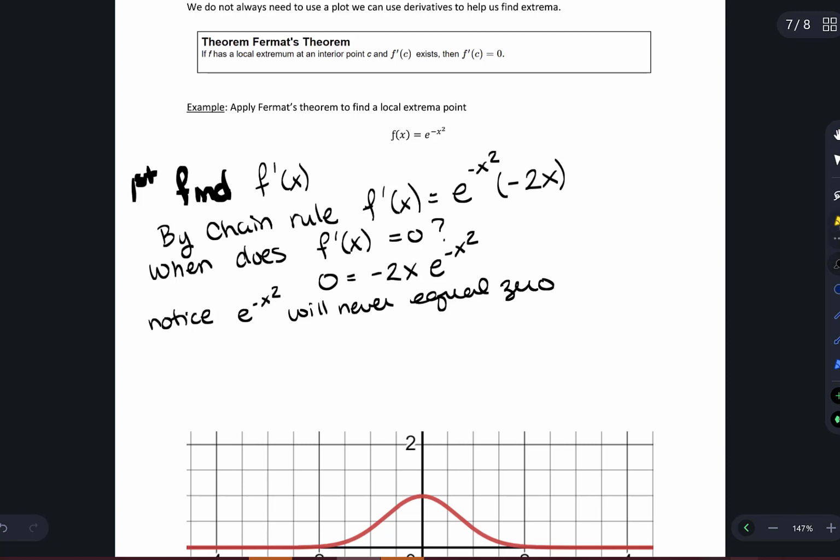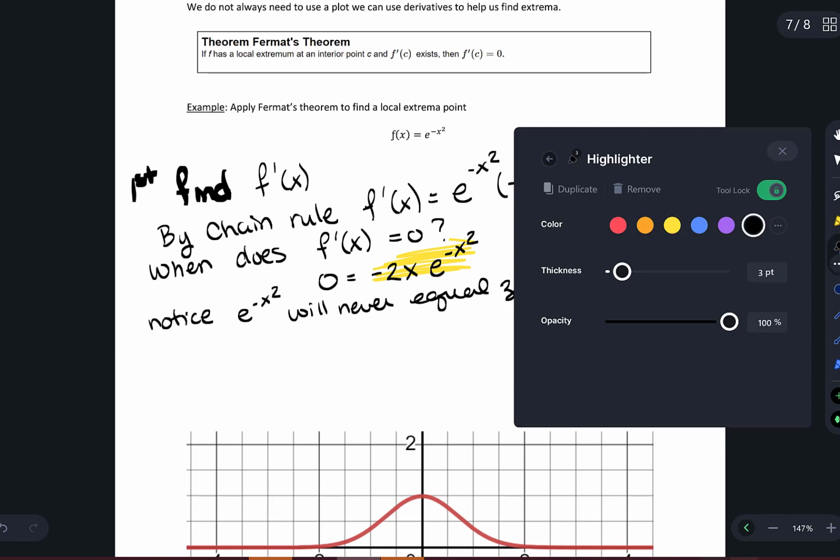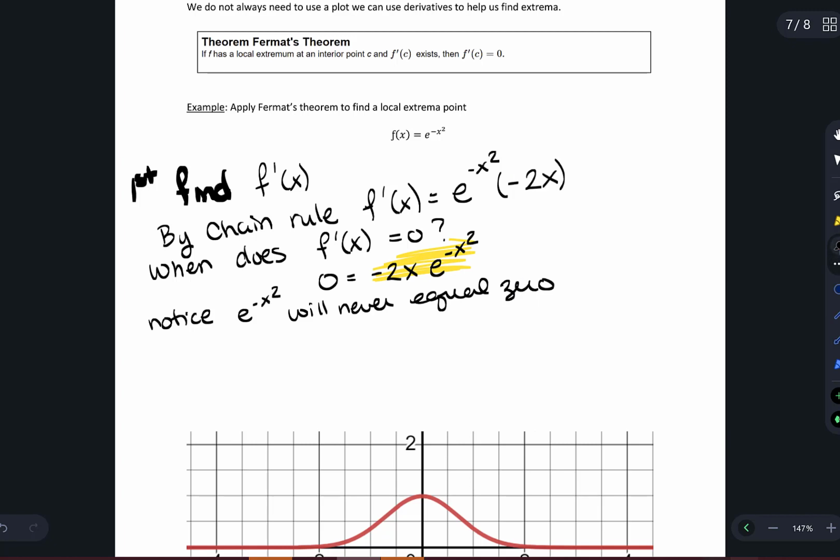So the only way for this entire quantity to ever be equal to 0 is if the negative 2x is equal to 0, or in other words, when x is equal to 0.